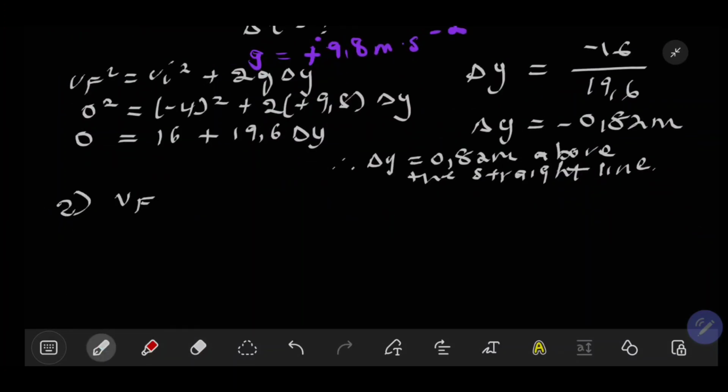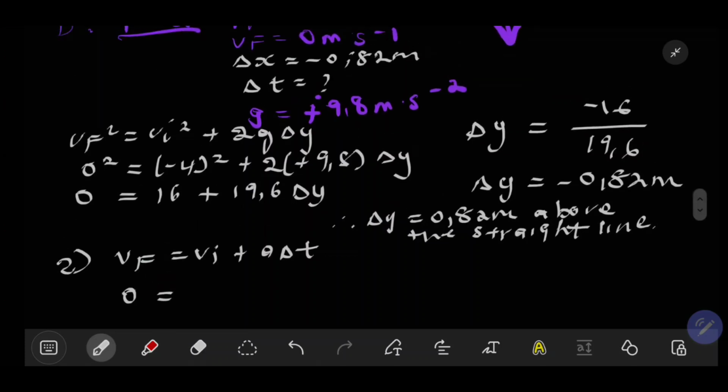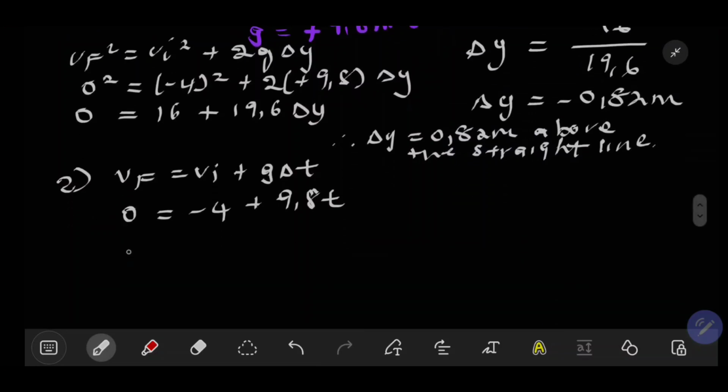So our first formula, number 2, says v final must equal v initial plus a multiplied by change in t. Our v final is 0, and our initial velocity is negative 4, plus our gravitational acceleration, positive 9.8 meters per second squared, multiplied by change in time. Then we take this 4 to the other side and divide it by 9.8, so we have 4 divided by 9.8.